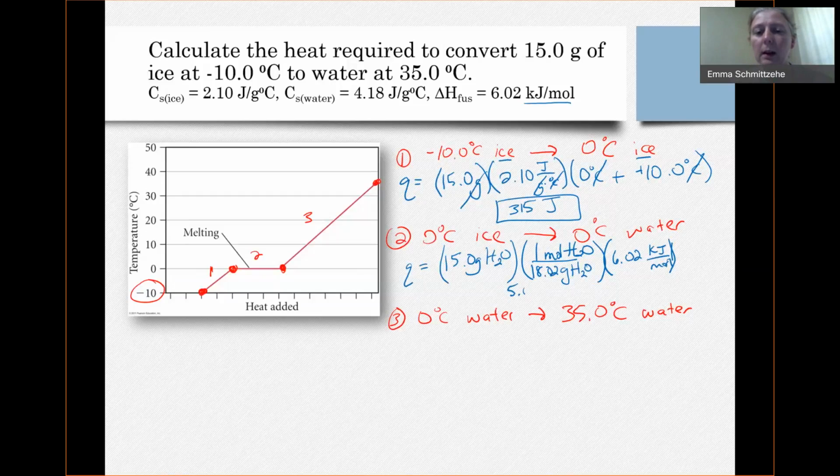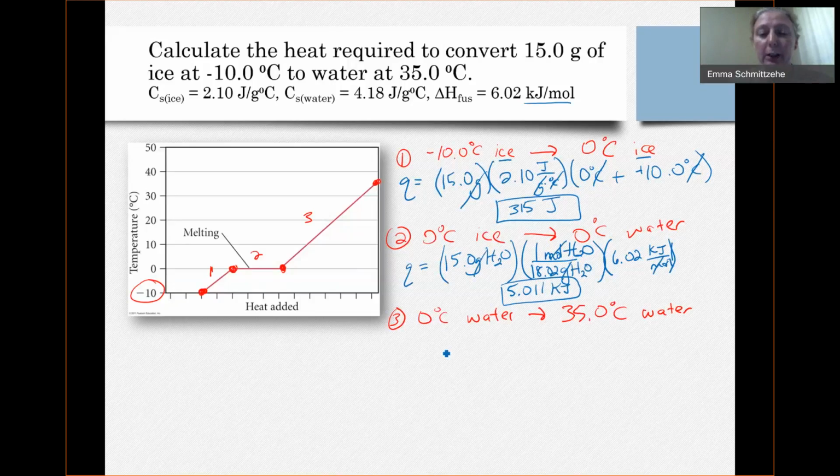Now the one I wrote down as 315, I think that came out exact, and that is the correct sig figs, 3. But this next one should be 3 sig figs, but it gives me more, so I'm going to go ahead and write an extra while we're at it. And that's going to come out in kilojoules, as the grams cancel, the moles cancel. And then we'll do the last one.